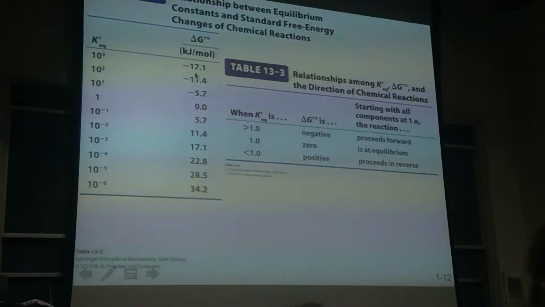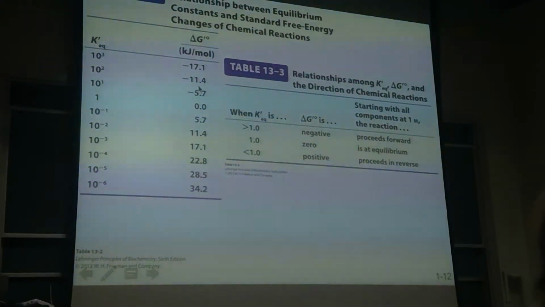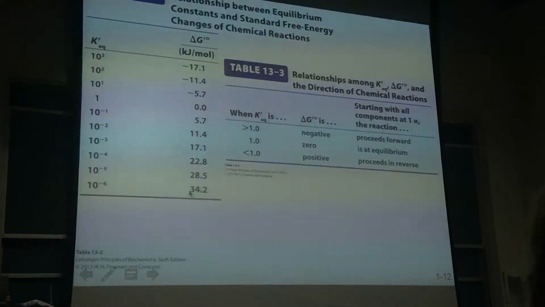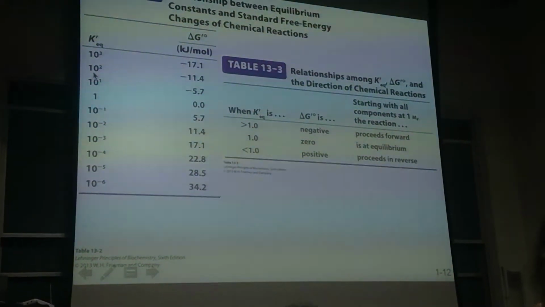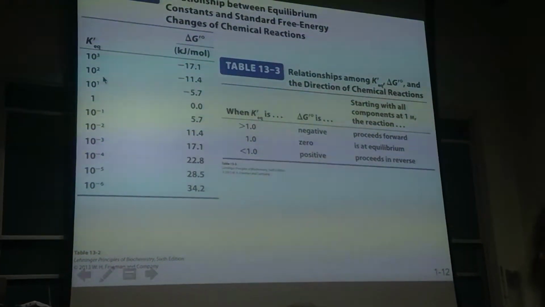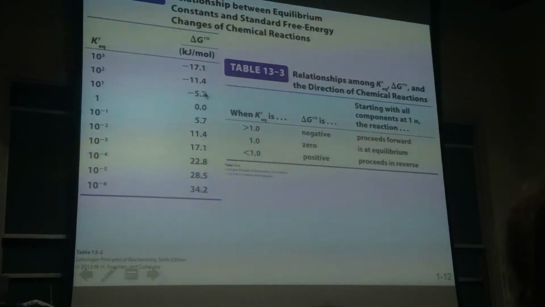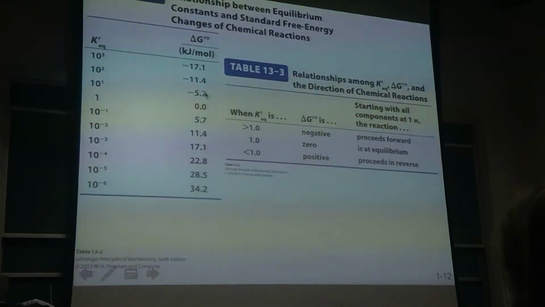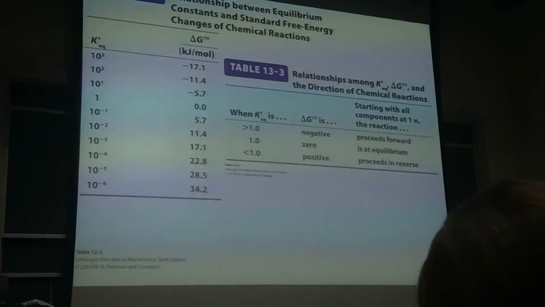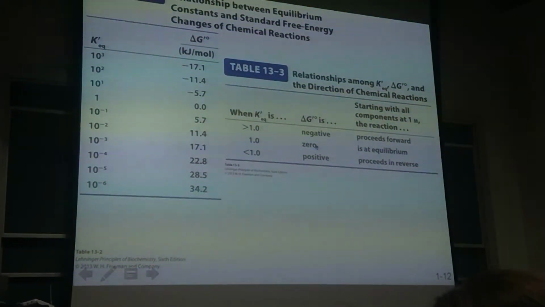And so here you're going to be moving forward, and here you're not. The major thing I wanted to point out is that here you have a 1,000-fold change, and here you only have a 2-fold difference. So you need a huge difference in the change of concentrations to get a small difference in the delta G. And this just relates back to the formula.